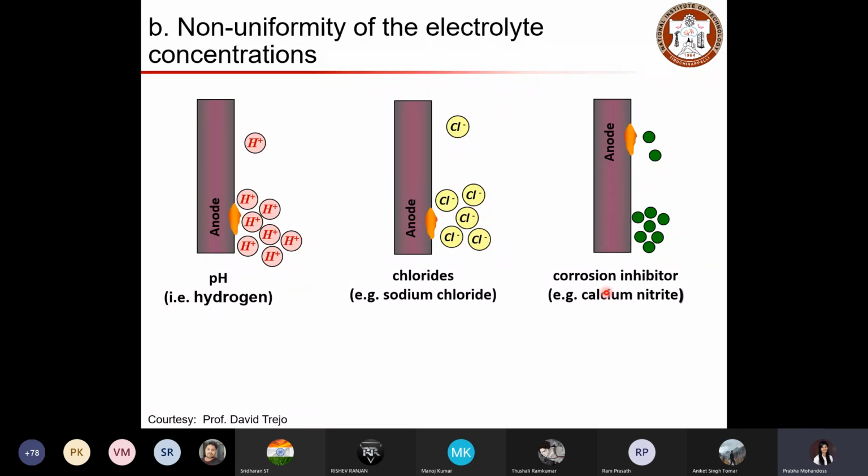Whereas with corrosion inhibitors, their role is to prevent the corrosion from occurring in a particular location. So if the corrosion inhibitor is not distributed uniformly in your concrete, and it accumulates in one particular part while you have less in the other part of your structure, then wherever you have more, that region inhibits the corrosion, and wherever you have less, the potential difference will be more, and that will act as the anode region.